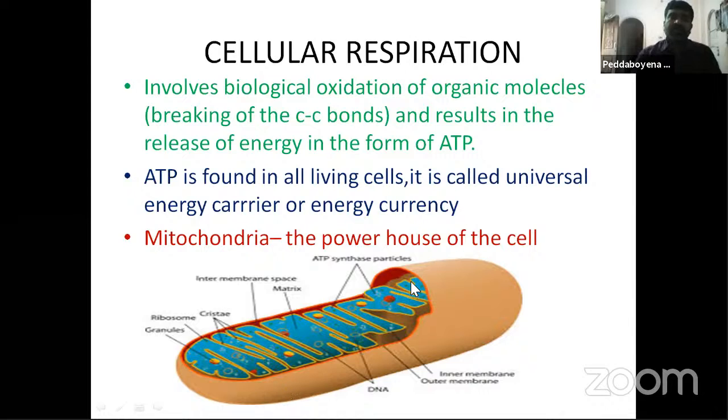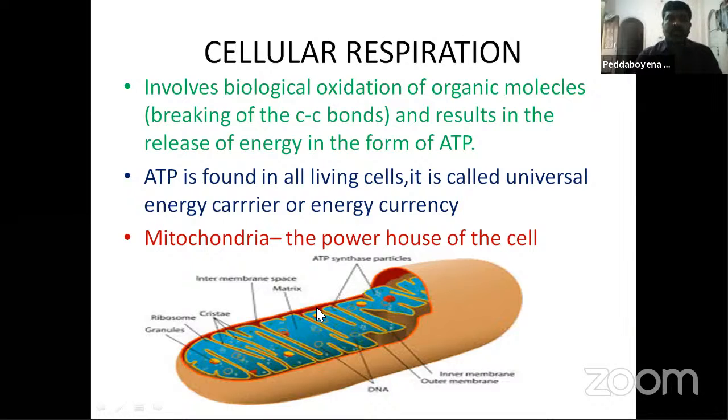In the mitochondria diagram, you are observing it is a complex structure. It contains two membranes: the outer membrane, which is very smooth, and the inner membrane, which shows a number of invaginations or folds. These folds are called cristae. The space inside the inner membrane is the matrix. 70S ribosomes are also there.